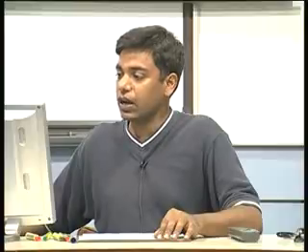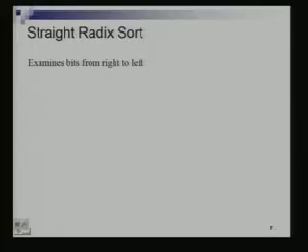Great. So, we will continue. This is another version, as I said, of radix sort, straight radix sort. We are going to examine once again the bits, but from right to left now, not from left to right.